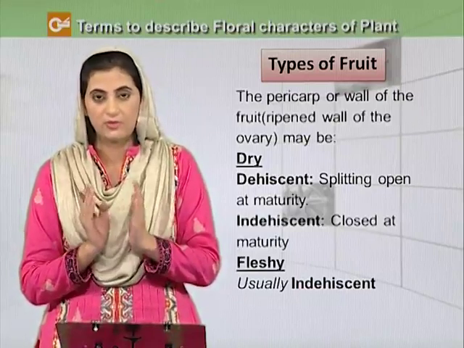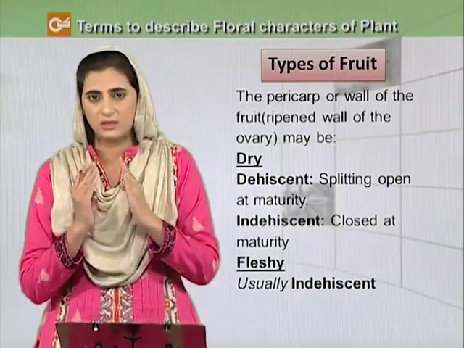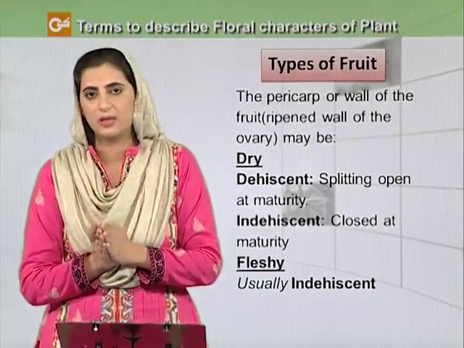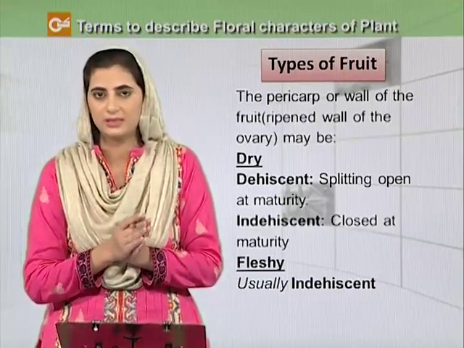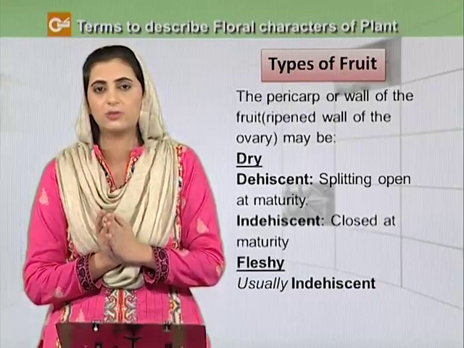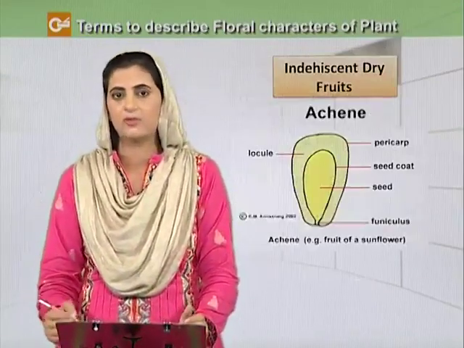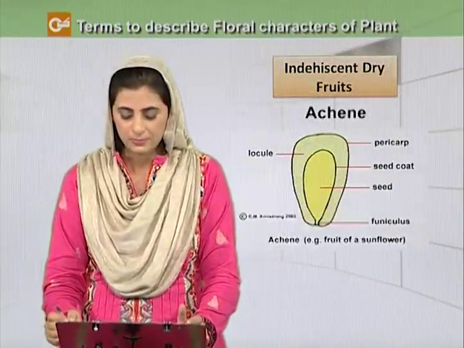And then there is another category of dry fruits and fleshy fruits, or dry fruits can be dehiscent or indehiscent, while the fleshy fruits are usually indehiscent. So we will discuss the various categories of fruits one by one.